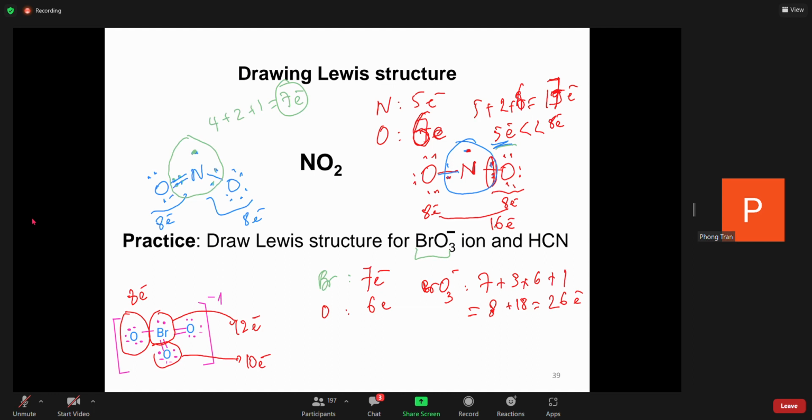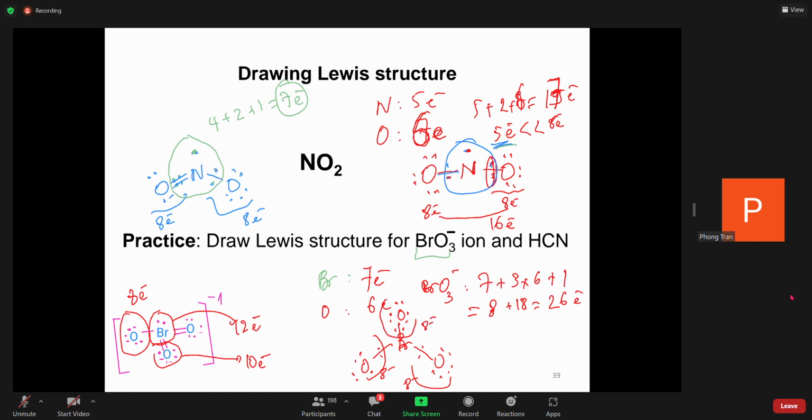Now you put the lower electronegativity atom, bromine, in the center, and you put oxygen around like this. First, you try with single bonds, and you try to satisfy 8 electrons for each oxygen.